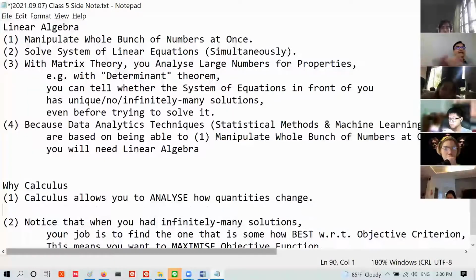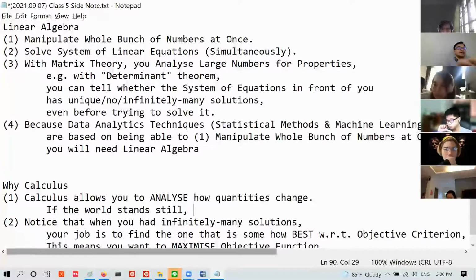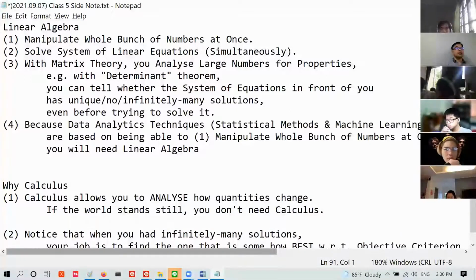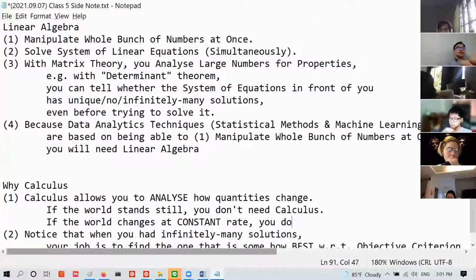In other words, if the world stands still, you don't need calculus. If the world changes at a constant rate, you also don't need calculus.